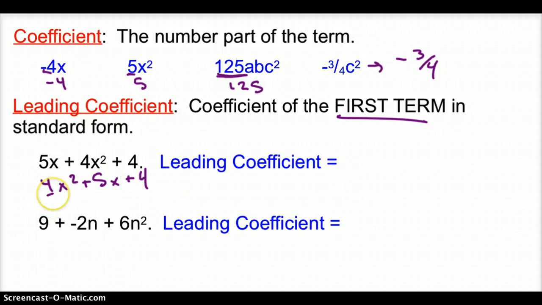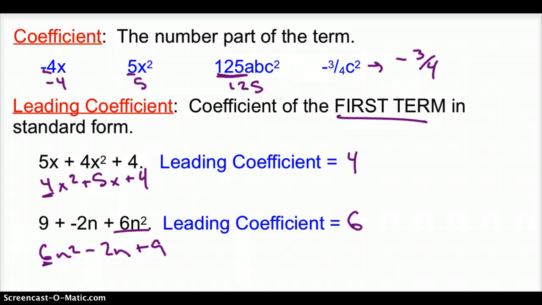So my leading coefficient is whatever is in front of that variable. So it's 4. And then again, we have 6n squared, then minus 2n, and plus 9. The leading coefficient now is 6 because it's what's in front of the variable with the highest degree.